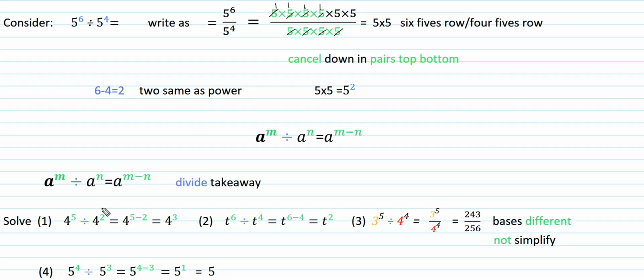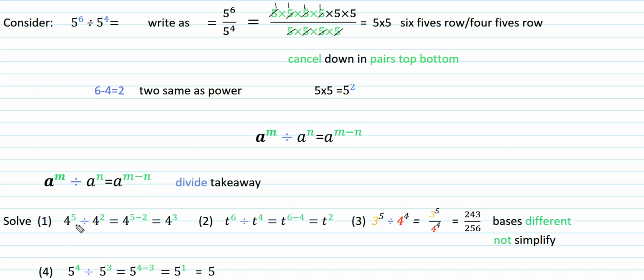Okay, now we're going to use the second law to do some examples. So the second law stated again: a to the power m divided by a to the power n is equal to a to the power m minus n. So when you divide here, you take away the powers.